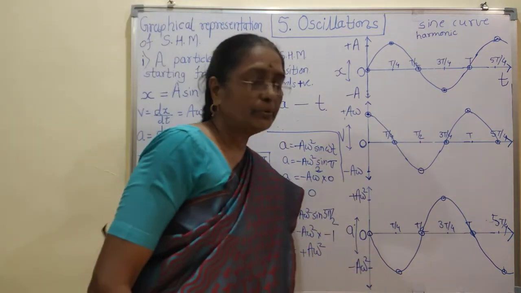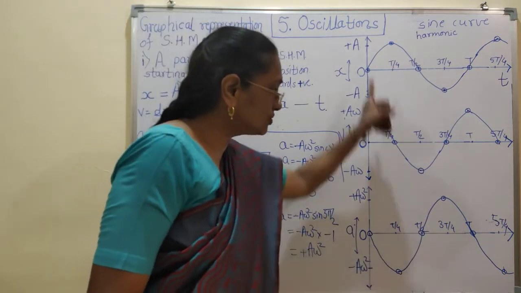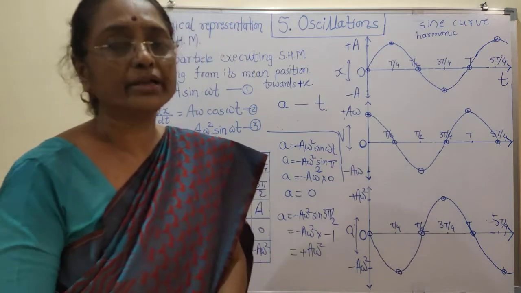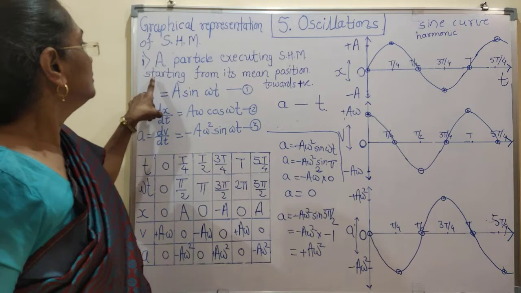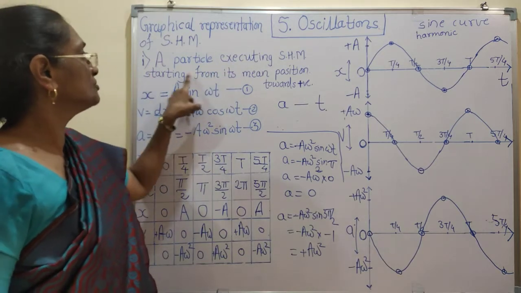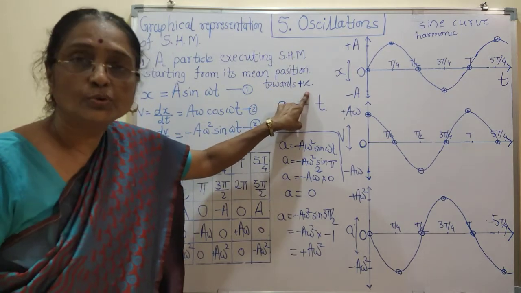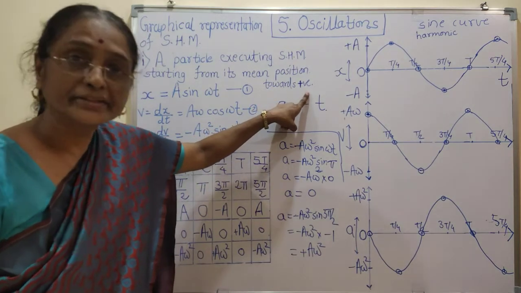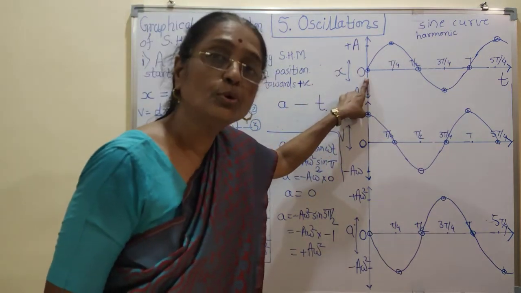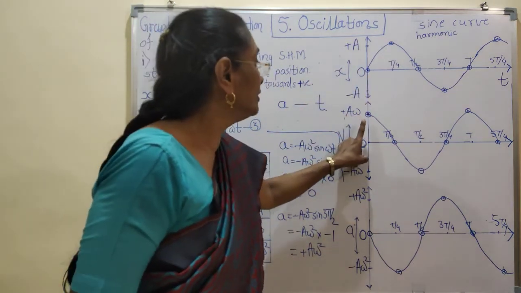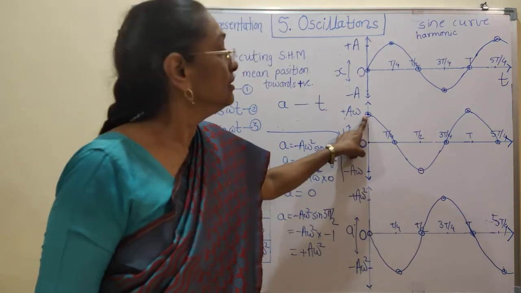So this is the variation of acceleration. From these curves, we can make some conclusions. When the particle executes SHM starting from the mean position and going towards the positive extremity, initially the displacement is 0 but its velocity is maximum because it starts there.